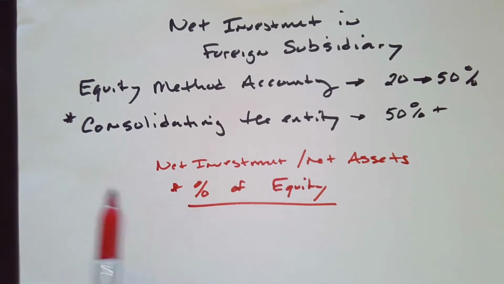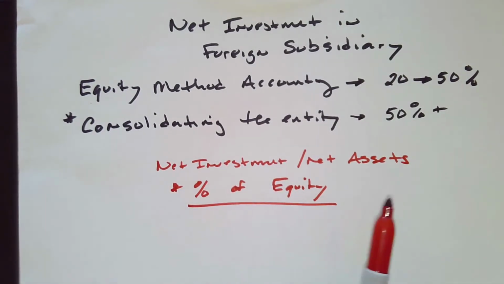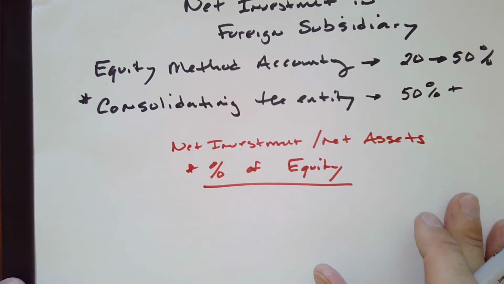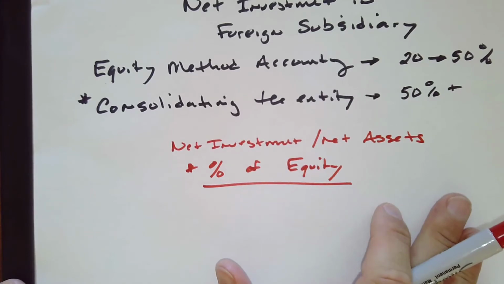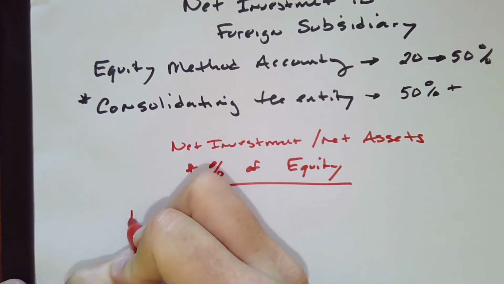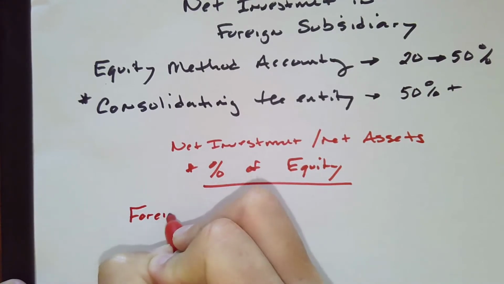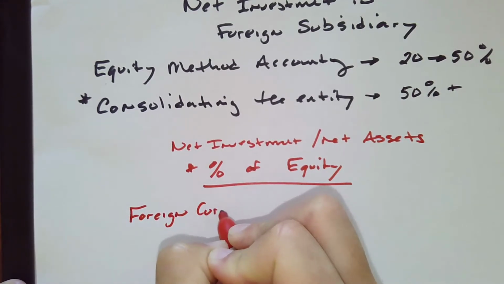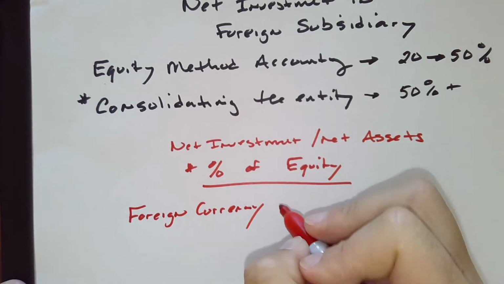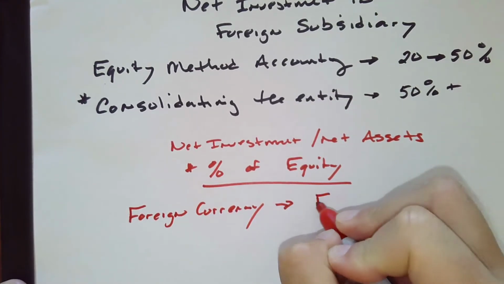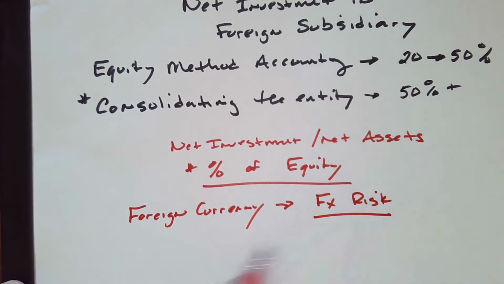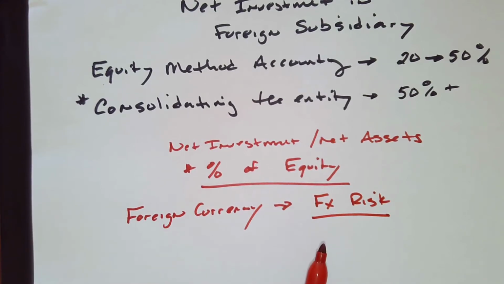Because these net assets are all in a functional currency different than the US dollar, so it's in a foreign currency, we can hedge the FX risk for this particular foreign currency.